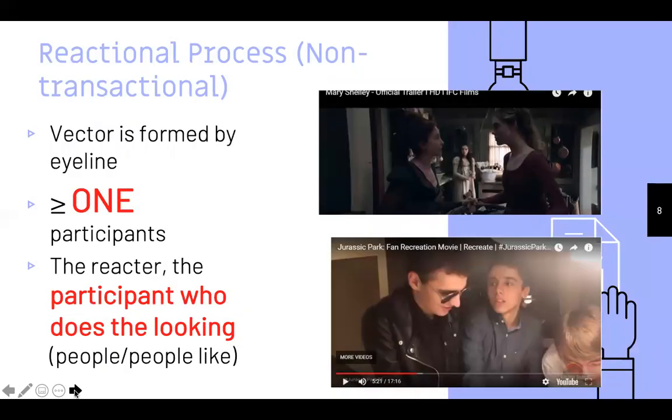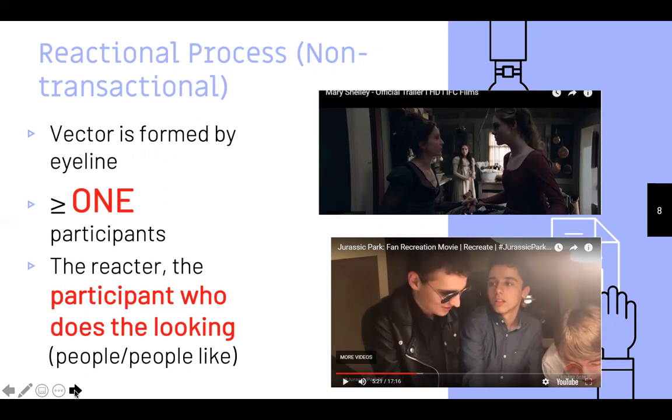Okay, now we have reactional process. Reactional process but non-transactional. Okay? Here the vector is formed by the eye line or the eye contact. It takes more than one participant. The reactor is the person who is doing the looking, who is looking at the actor.